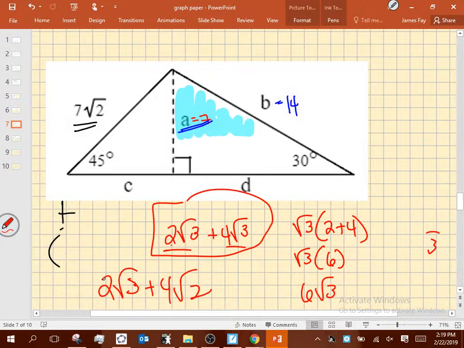Somebody in the last, or I guess 7th period yesterday asked me, is there a template for a 45, 45, 90? Is there a template for a 31, 59, 90? Okay? And there are. But it's SOHCAHTOA. It's sine, cosine, and tangent.